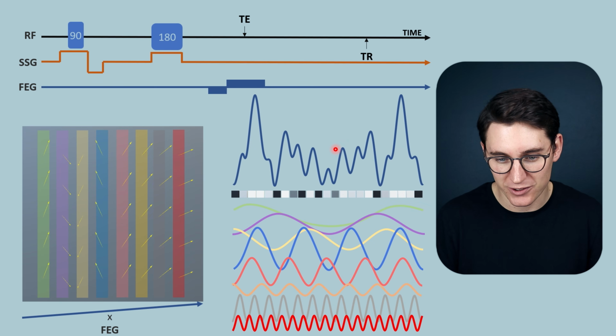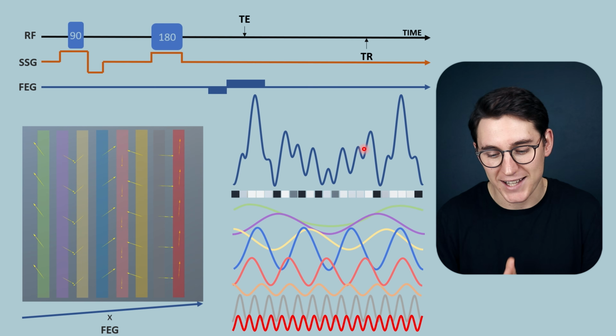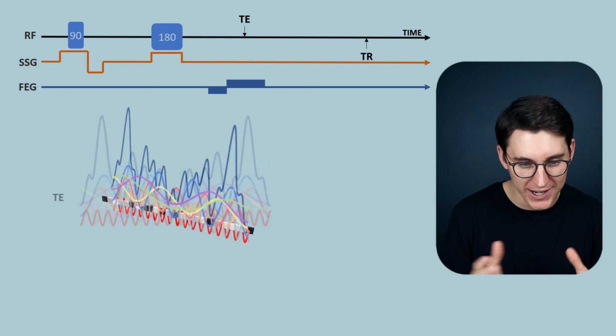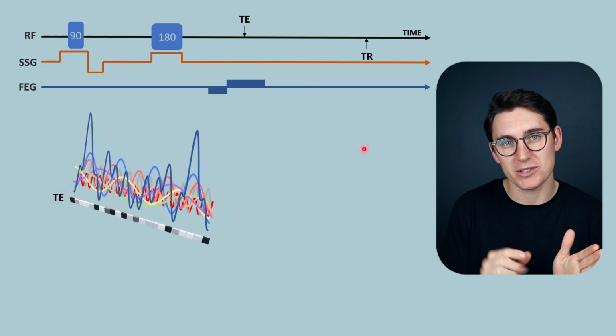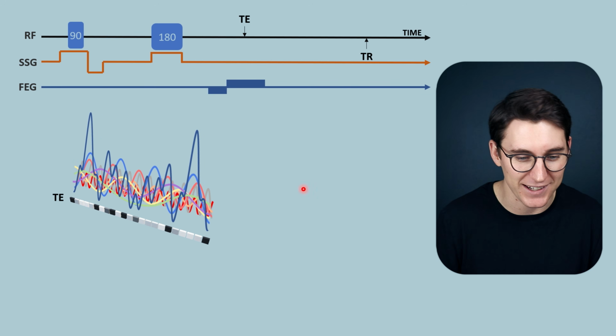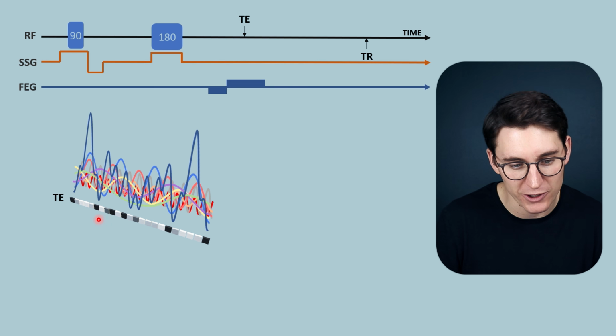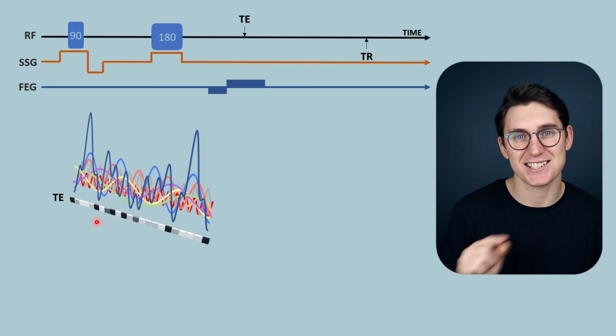Now look at this signal that we've read out, that we've digitized into multiple different numerical values, and see how that is a combination of all of those frequencies coming from different x-axis locations on our image. Again, at any given point in time, each one of these numerical values is representing the entire slice.